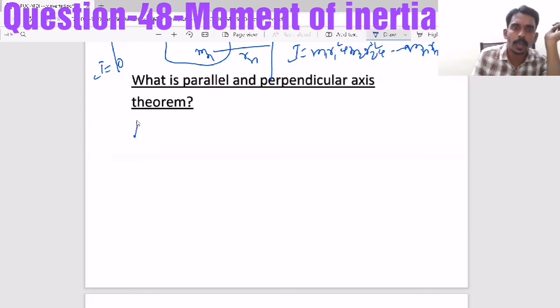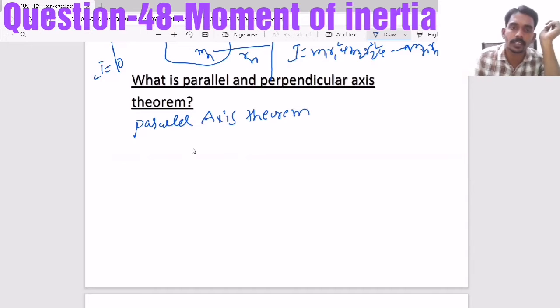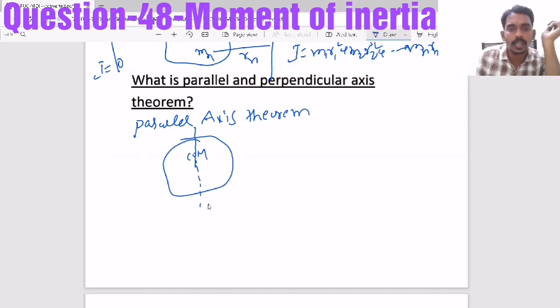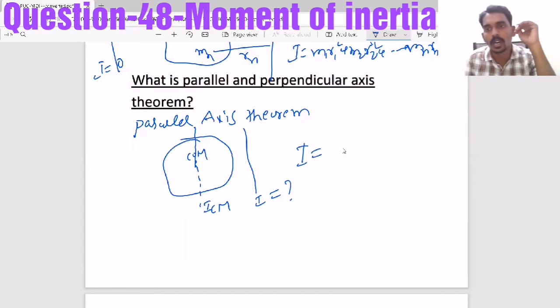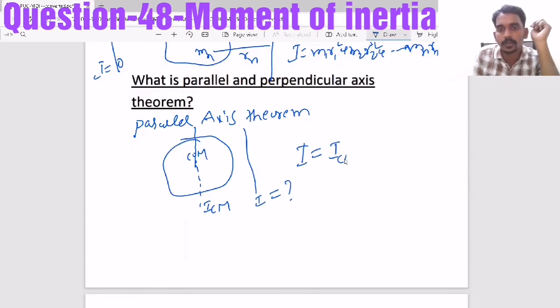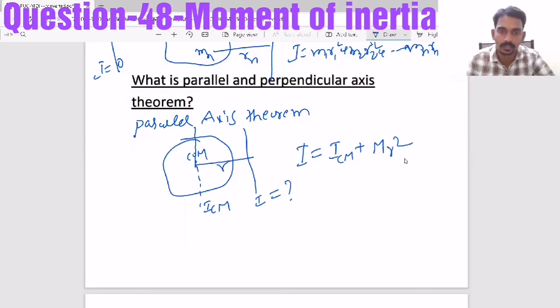When you consider the parallel axis theorem for any rigid body, there is one center of mass. Now, if there is an axis passing through the center of mass and the moment of inertia is ICM, and you take any other axis parallel to it, the moment of inertia about that unknown axis is given by ICM plus mass of the body into the square of the perpendicular distance between the two parallel axes.